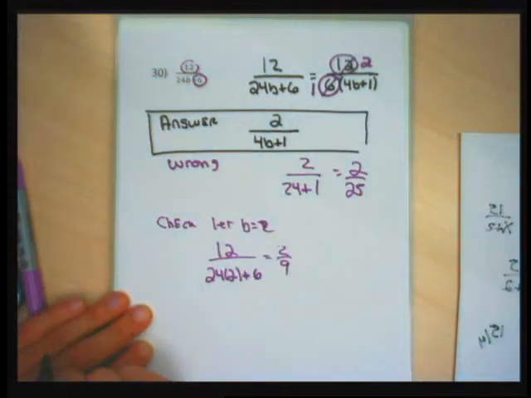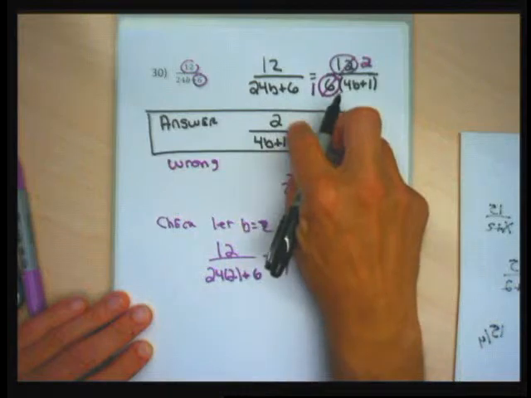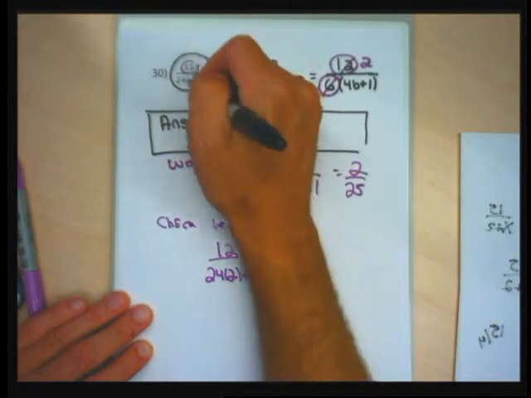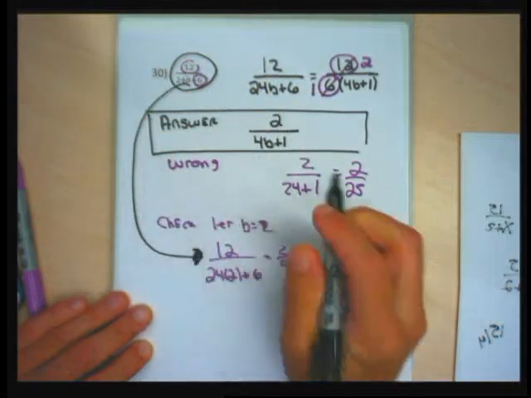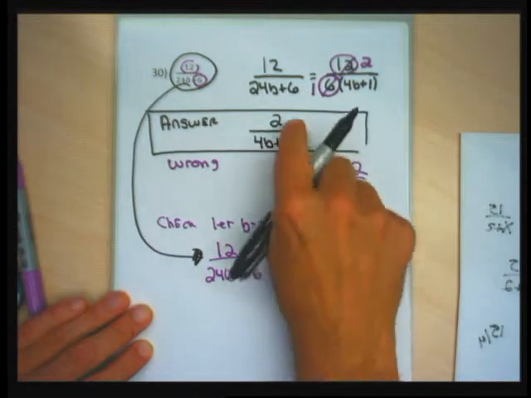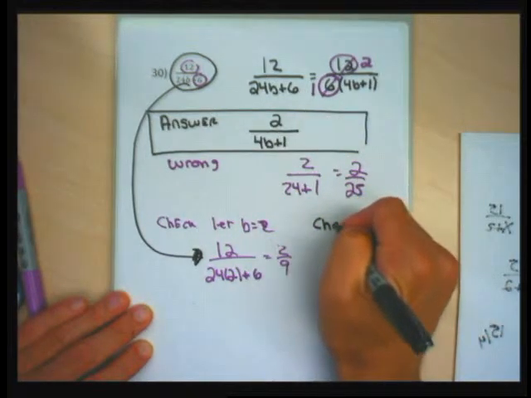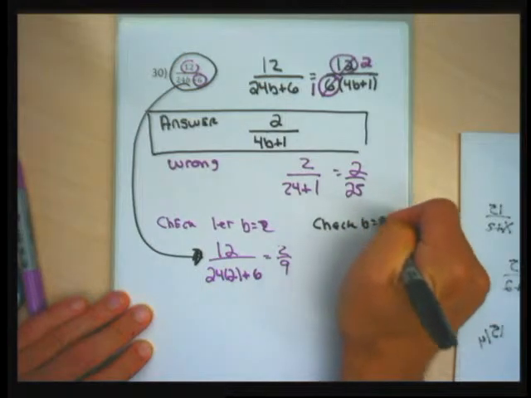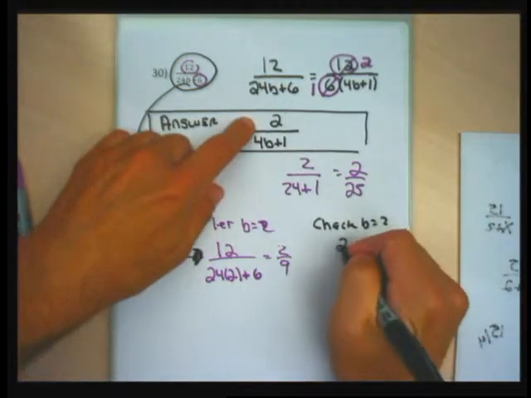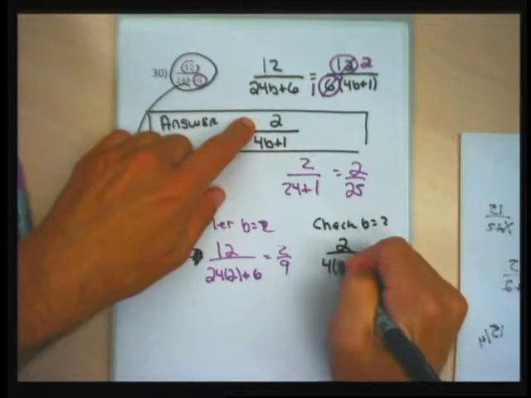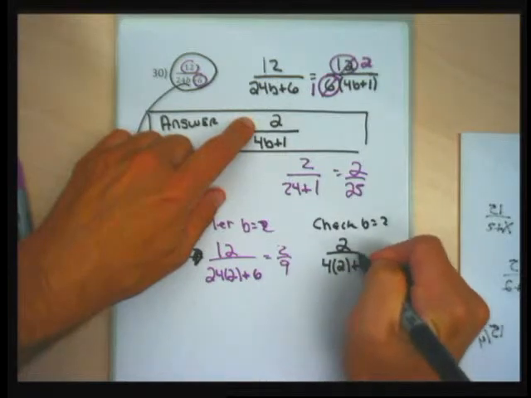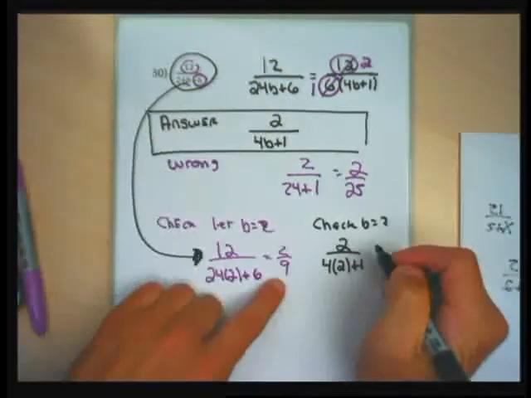Well, let me put 2 into this answer. When I plugged 2 into the original problem, I got 2 over 9. It better be the case when I plug 2 into my answer that I get 2 over 9. So when I go 2 over 4 times 2 plus 1, for this answer to be correct, I need to get 2/9.